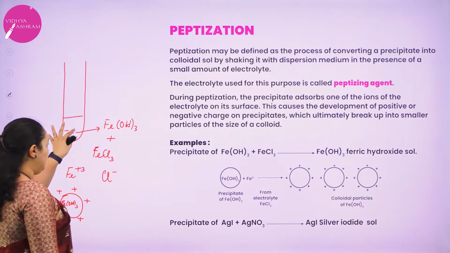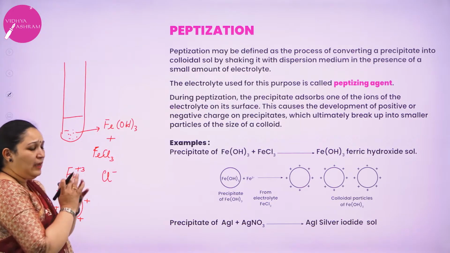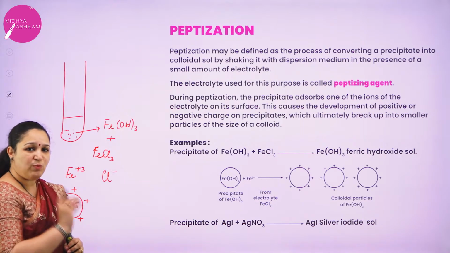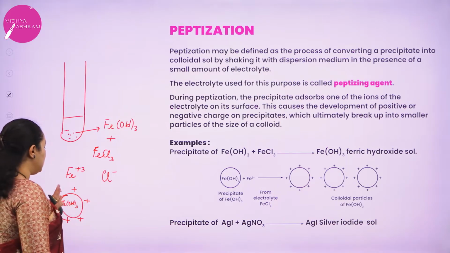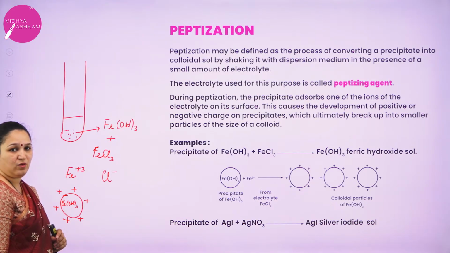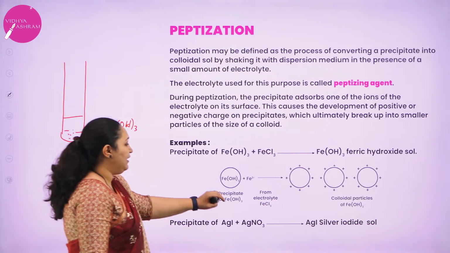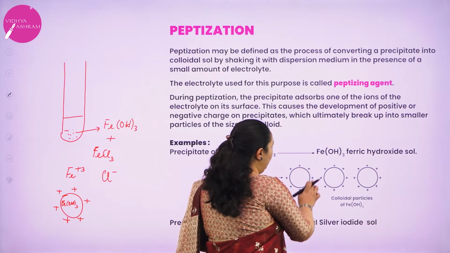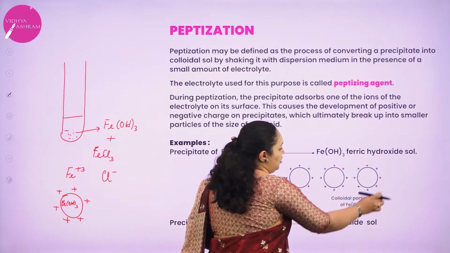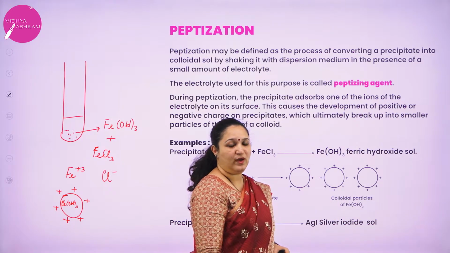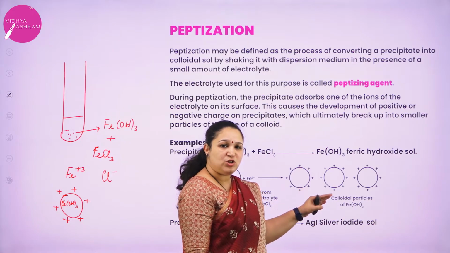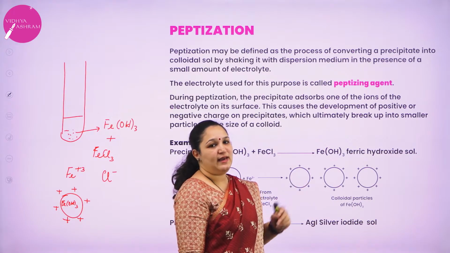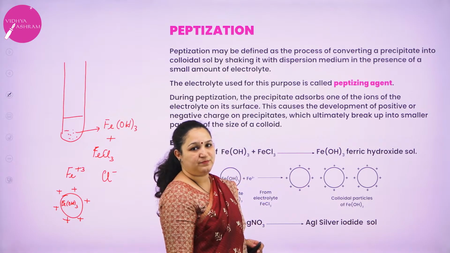Now the precipitate will break up into smaller particles of the size of a colloid. So here you can see ferric hydroxide adsorbs the ferric ion to give positively charged colloidal particles. More about charge on the colloidal particles I shall explain in the next class.